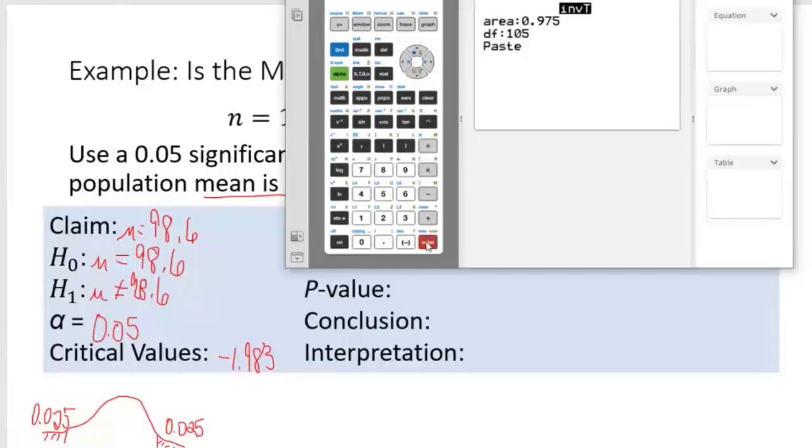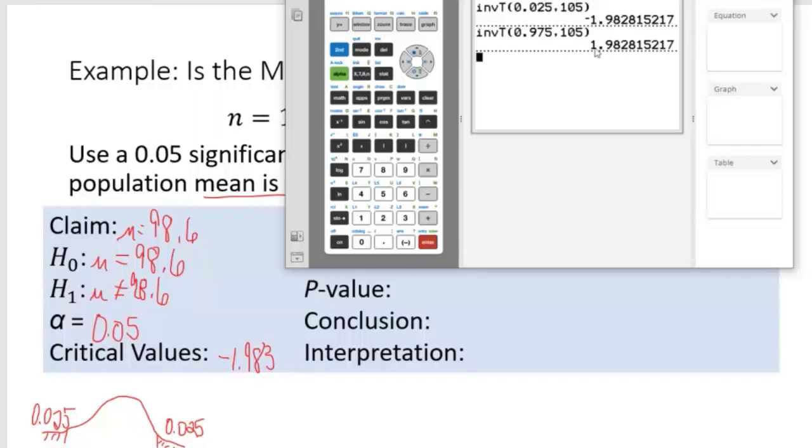Now what you're going to see here is that I really didn't need to do this. Because this thing is symmetrical, if you have a two-tailed test, the value on the left and the value on the right will be opposite. So you're going to get plus and minus. You do need to remember, though, that if you have a right-tailed test, you've got to always put in that area from the left on this inverse T.